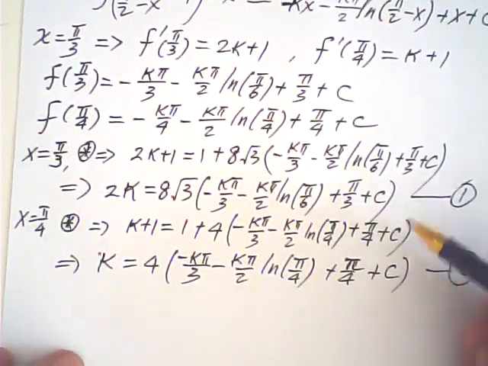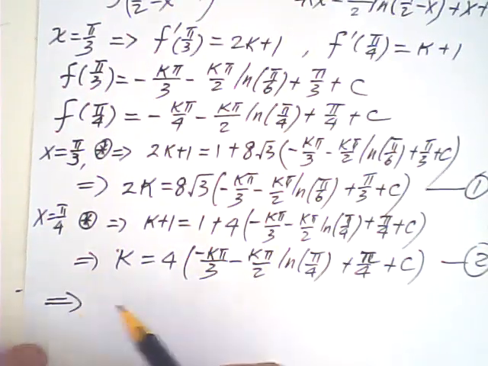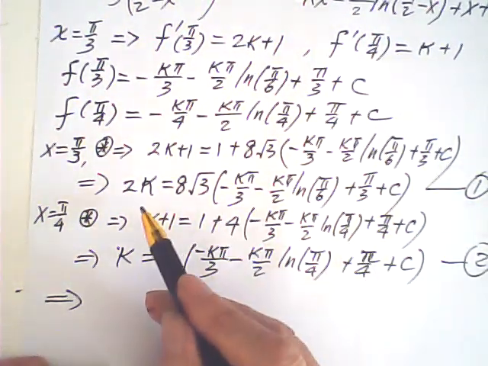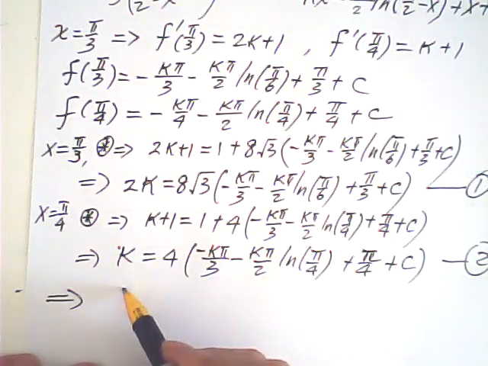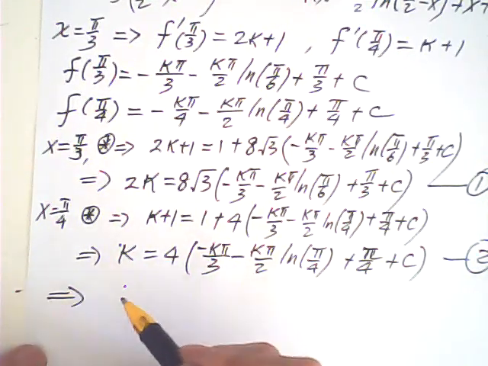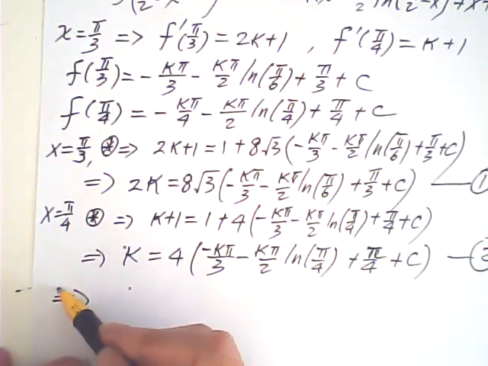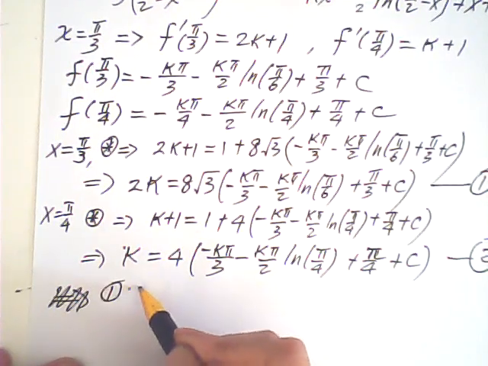Then see, I have two simultaneous equations, so I can have a k and a c after solving them. Now, I'll use this notation, 1 and 2.